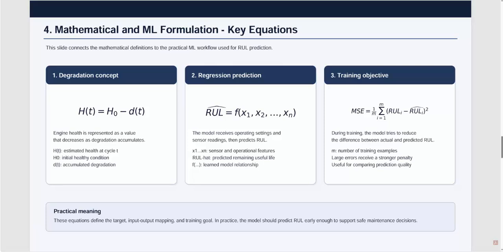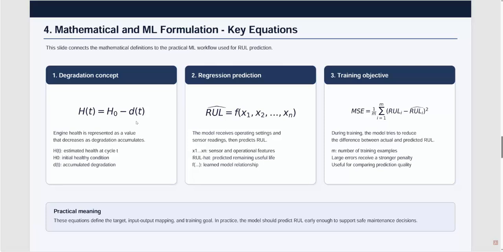Engine degradation can be represented as a gradual decline in the engine's health condition over time. A simplified degradation function can be written like this, where h(t) is the engine health at cycle t, h0 is the initial healthy condition, and d(t) represents accumulated degradation.